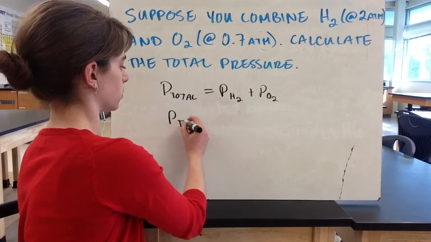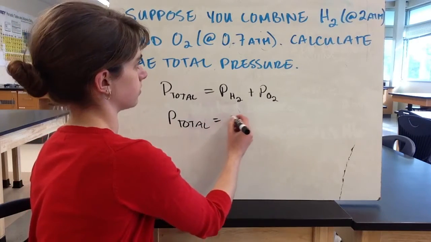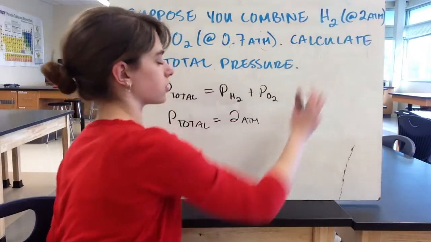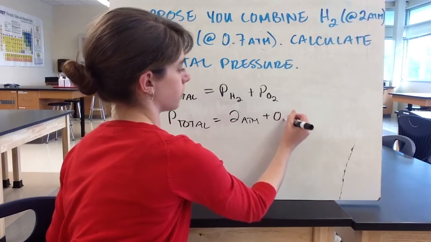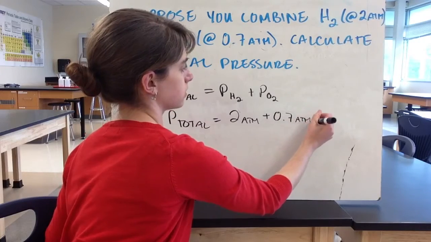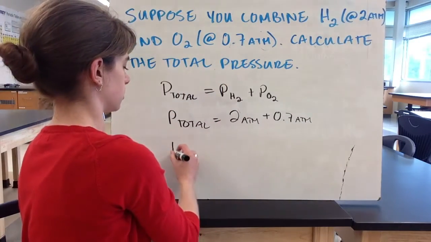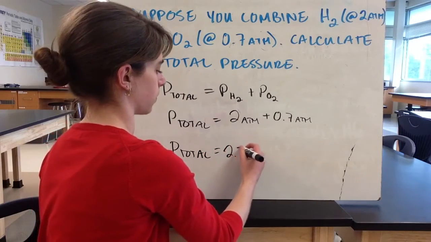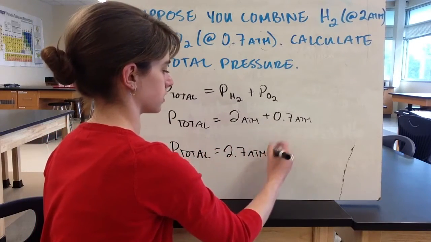So pressure total is simply 2 atmospheres, because that's the pressure of our hydrogen, plus 0.7 atmospheres, that's the pressure of our oxygen, so our total pressure is equal to 2.7 atmospheres.